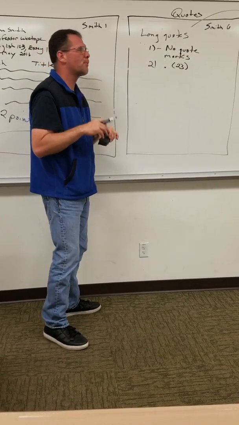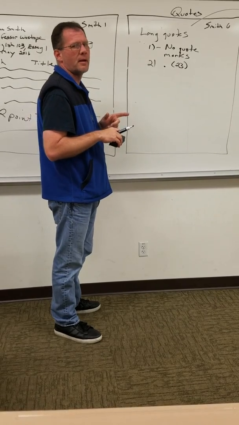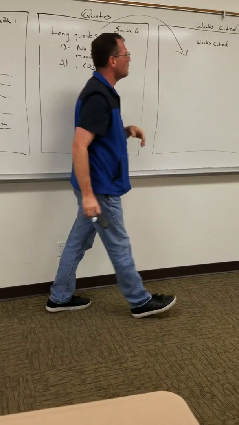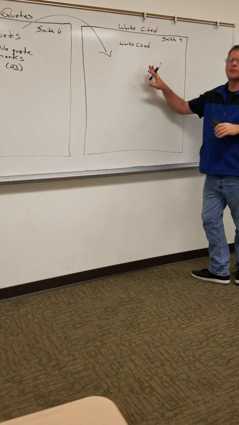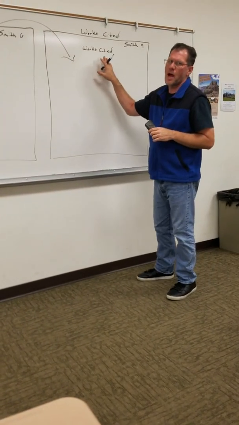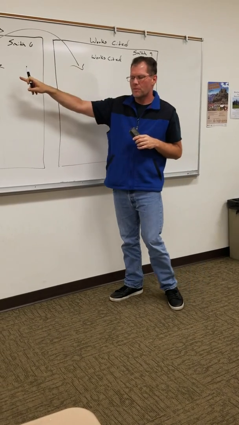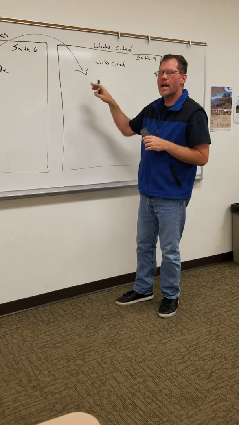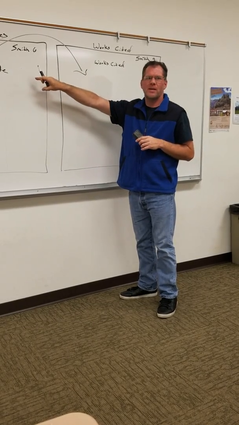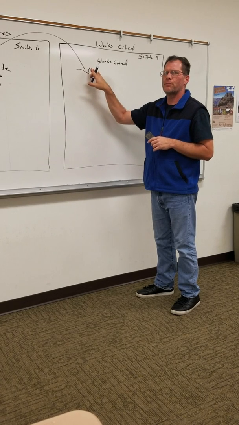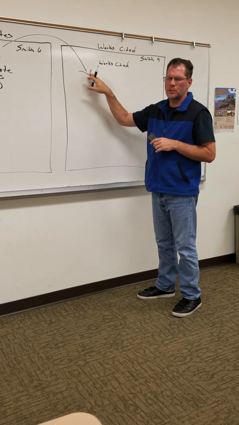Now, the final thing that I'm going to show you here with regard to formatting is your works cited page. I'm sure you're familiar with this. This is an alphabetical list of all the sources that you cite in the body of your essay. I cited Jones in the body of my essay. So over here, I'll have to give the bibliographical information about the text that Jones wrote.